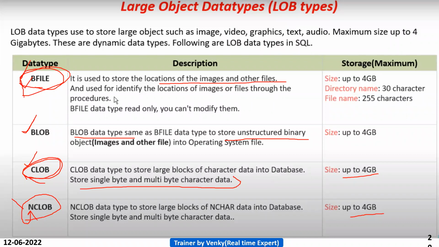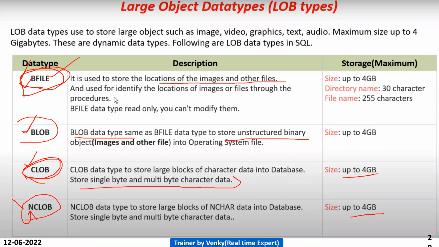If you are storing an image, what is the image location? If you are storing a video, what is the location of that video in your system? If you are storing some audio file, what is the location of that file? It will store that in BFILE.